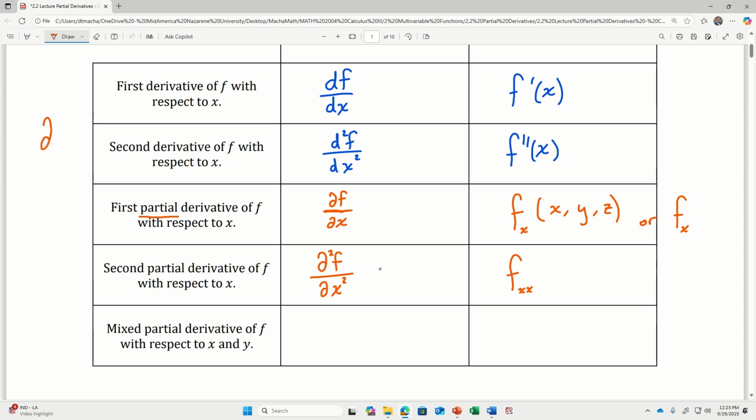Okay, and then last thing is called the mixed partial derivative. If I've got a function f with independent variables x and y, then this is how I would write the mixed partial derivative with respect to x and y.